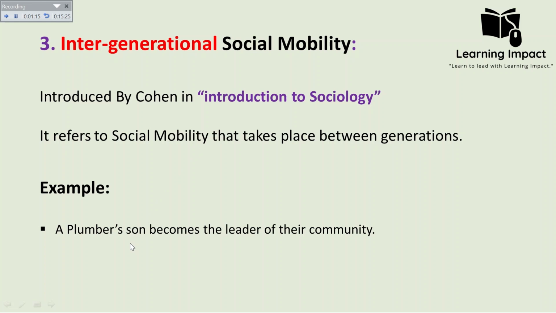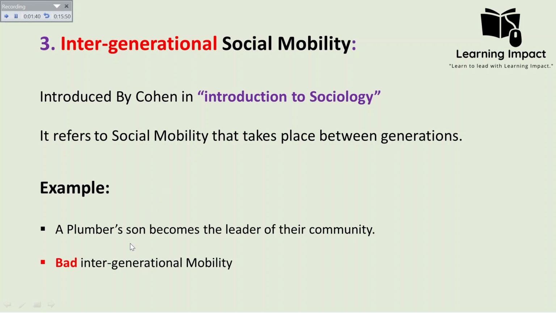It is his son who has changed his status, so it will be called intergenerational, because it is not something that changed within a single generation. The generation has changed, and now it is the second generation who has changed the social status of their family by becoming leader of their community. So this is intergenerational social mobility.